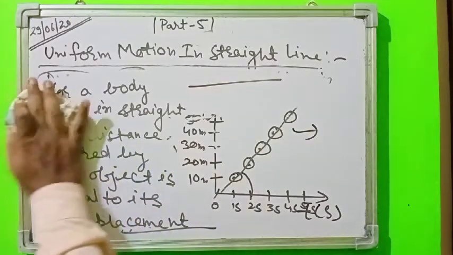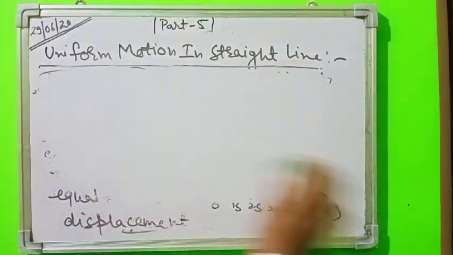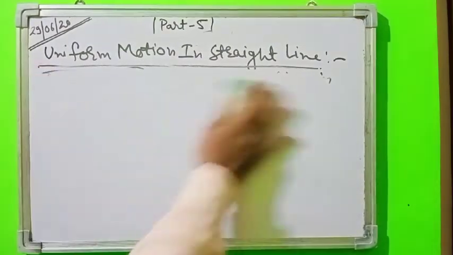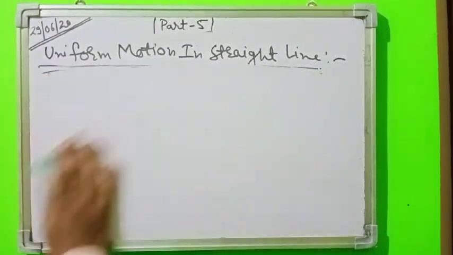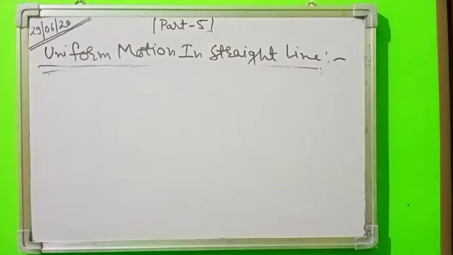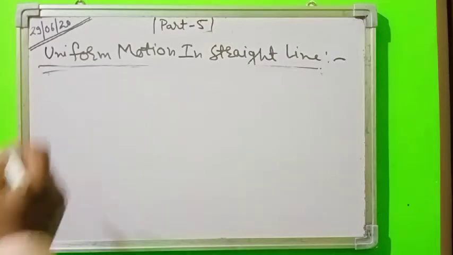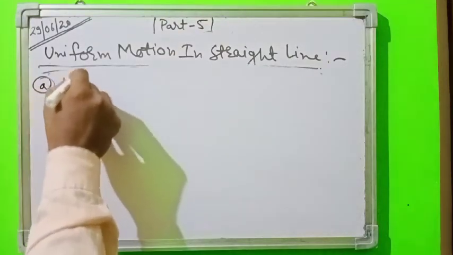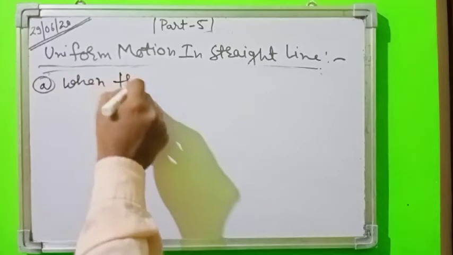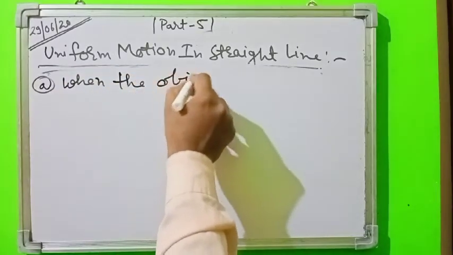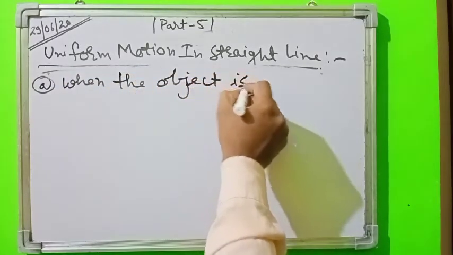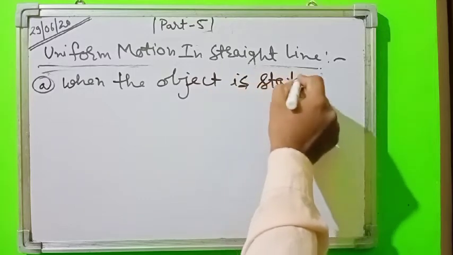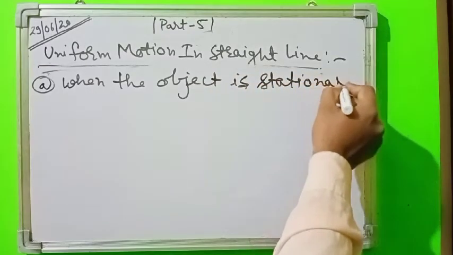If the object is at rest, then what is the position time graph? Can you guess what the position time graph is for an object at rest? The first case is when the object is stationary. Stationary means rest.